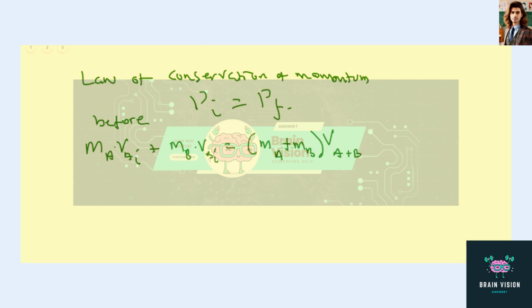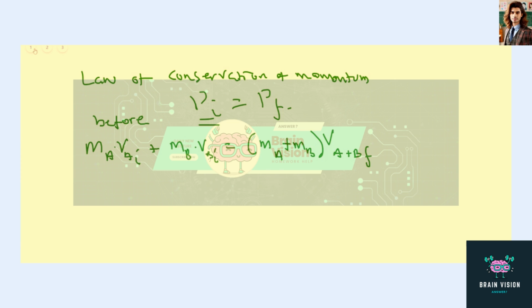They're eventually going to stop anyway. So the initial momentum of the system has to equal the final momentum. Just after they collide, they stick together, and this will give us the final velocity of A and B when they combine together.